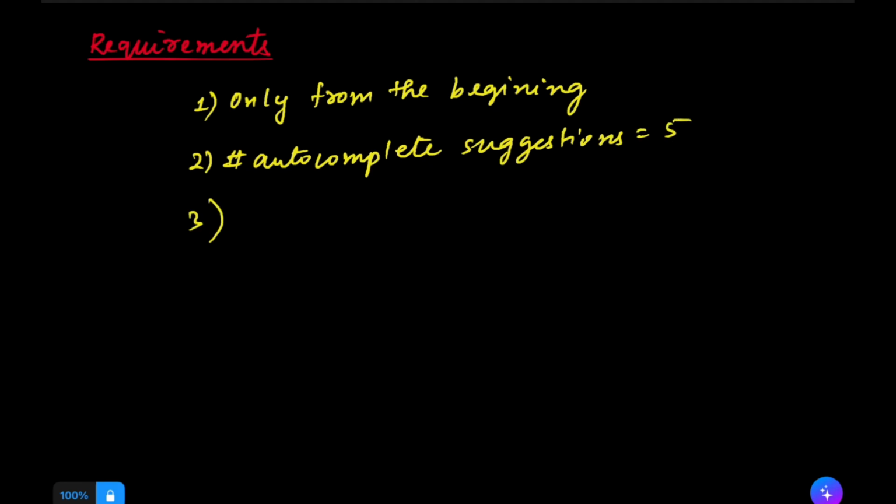And how are these 5 suggestions determined? Which 5 suggestions should be displayed to us whenever we type something on the search menu? This is basically dependent on the historical query frequency, that is, the number of times this particular word, or any word with that prefix, has been searched.